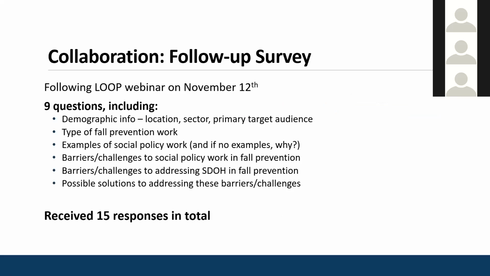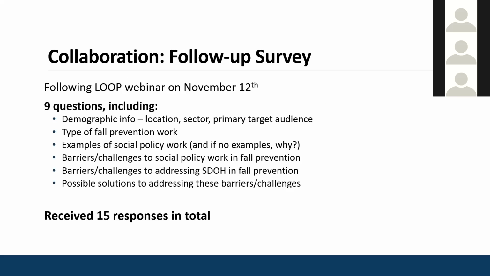From there, we had a lot of follow-up questions and a lot of follow-up ideas for next steps. And one of them being a follow-up survey. We wanted to really hone in on some of the barriers and challenges to working with social policy or addressing the social determinants of health, all related to fall prevention, and what the possible solutions would be to addressing these barriers.